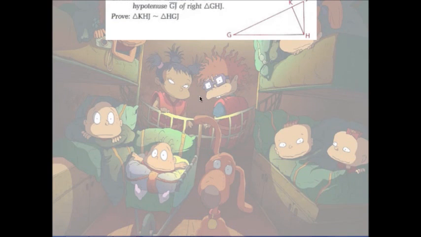For our last example, we're given that KH is the altitude to hypotenuse GJ of right triangle GHJ. We're trying to prove that triangle KHJ is similar to triangle HGJ. So here we go. We got our statements and our reasons.